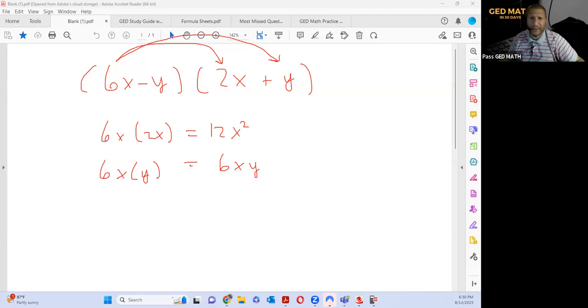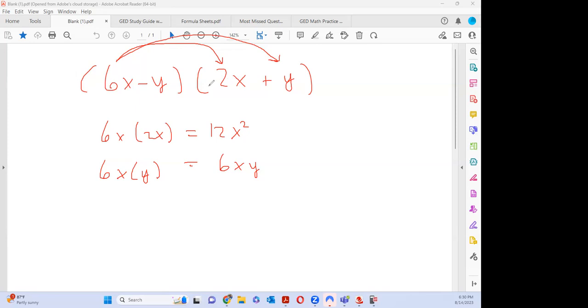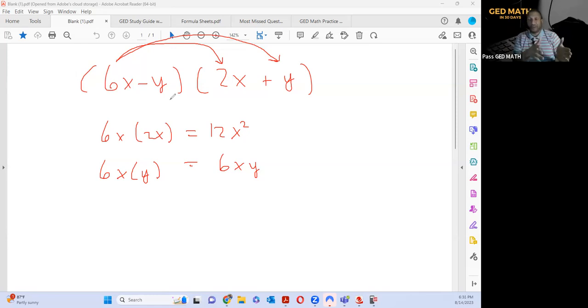So what's my next step? We multiply 6x by everything. What's next? 2x? Nope. So look at the first parentheses. What's next in the first parentheses? We multiply 6x by everything in the second parentheses.